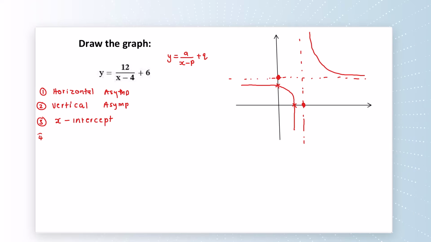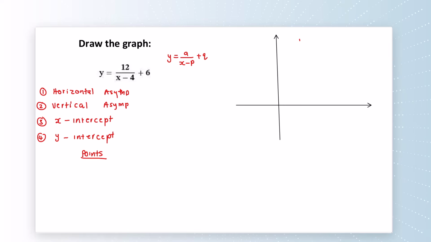And then we need the y-intercept. If we can get those, we should be able to draw the graph comfortably. Okay? So let's do the calculations. Let's find the points. Nice. Okay, let me go on. Oops. I want to erase here. That was just a sketch so that we see what we need. Okay, it was just a guideline.